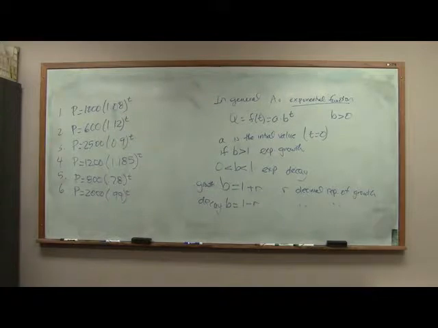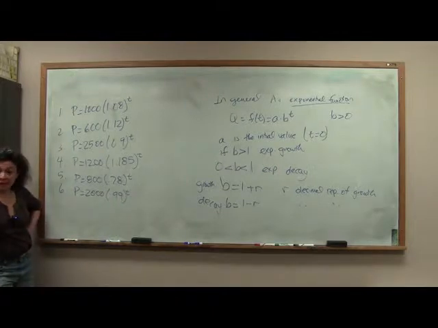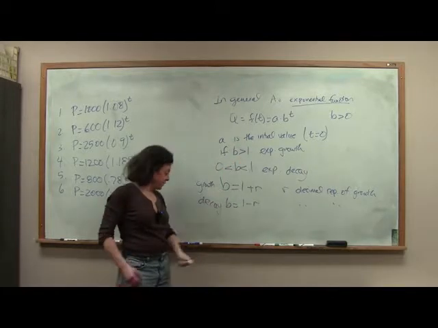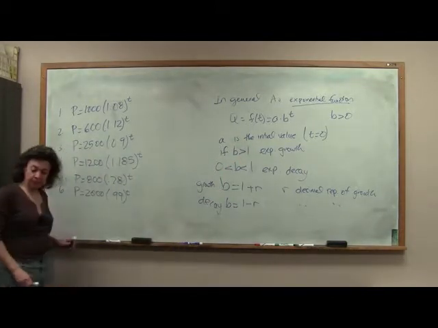All right, so my first question is, which towns are growing in size and which towns are shrinking in size? Again, that's where you look at the base. If the base of your exponent is greater than 1, you're growing.